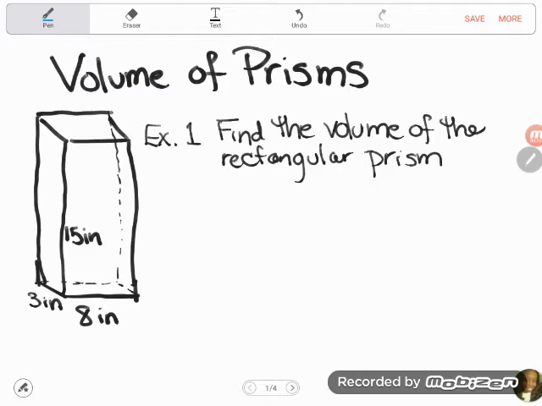It says find the volume of the rectangular prism, and we see over here when you look at a rectangular prism, what is it? It's basically just like what we think of as a box. Now, what makes it a prism is that it has bases that are the same shape on either side.